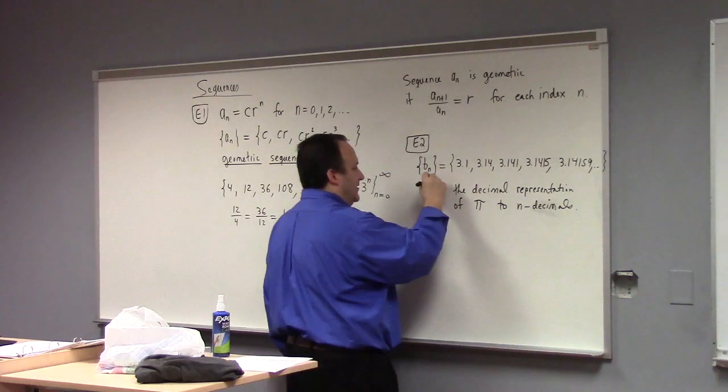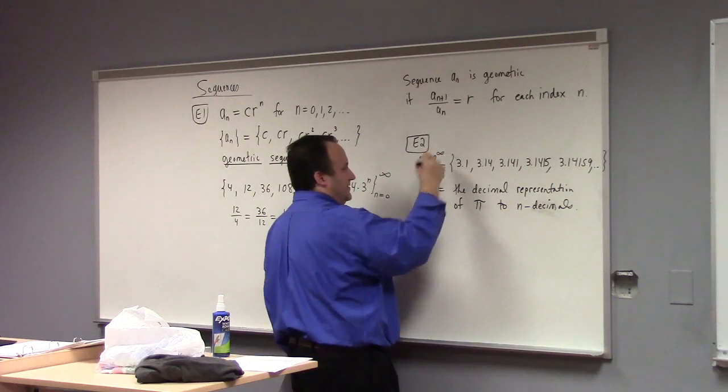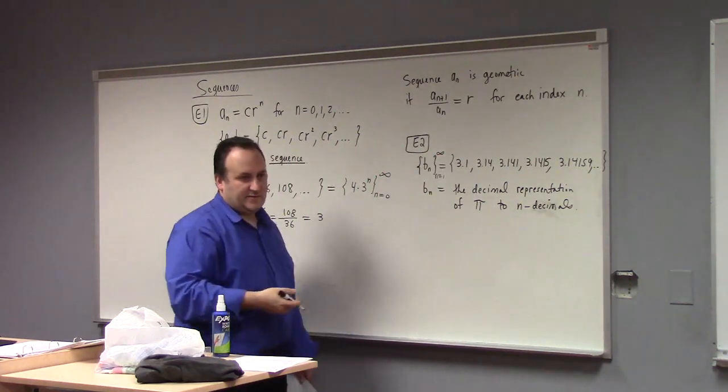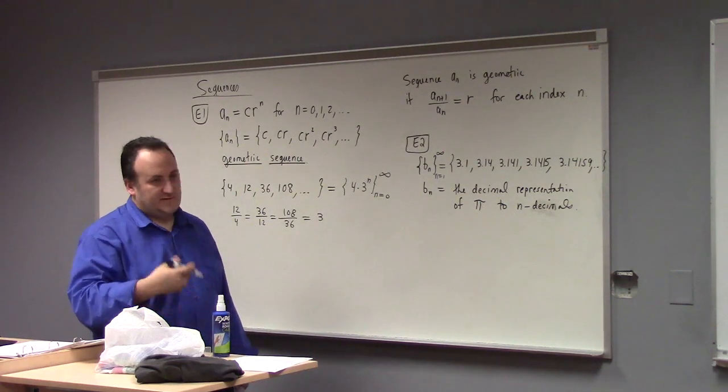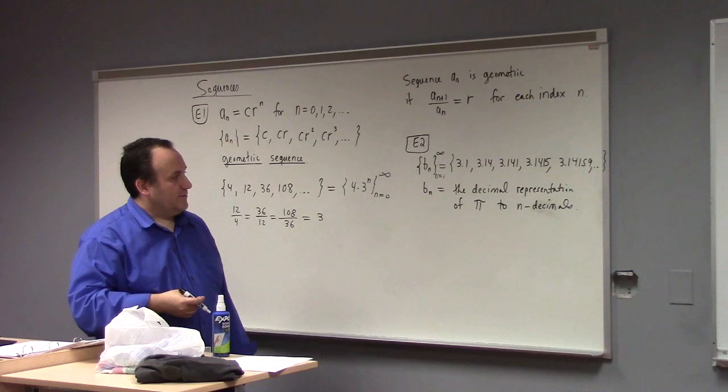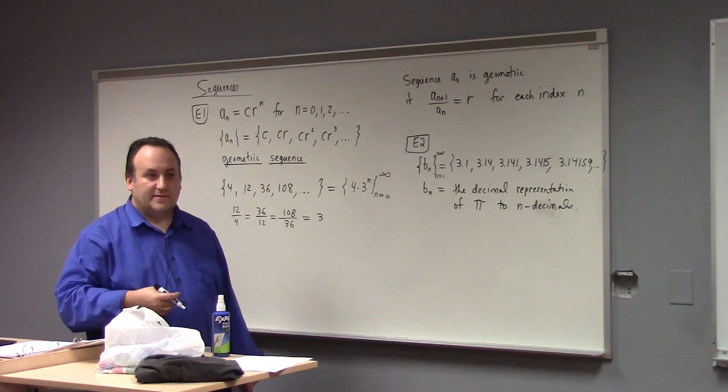And here I'm starting at 1, since I said it like that. So the first decimal is the 0.1, right? Then you have 0.14, that's 2 decimals. 0.141, 3 decimal digits, and so forth.